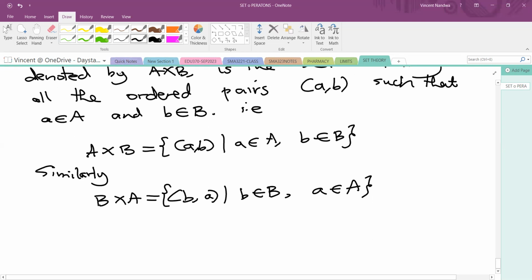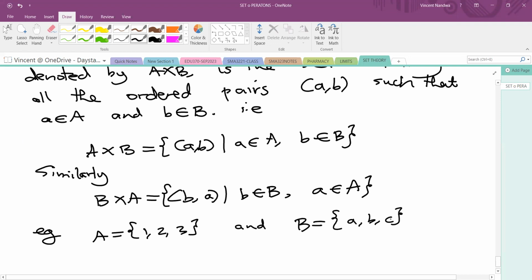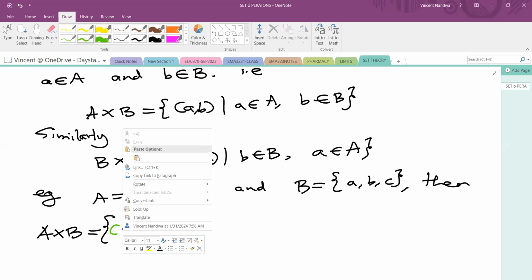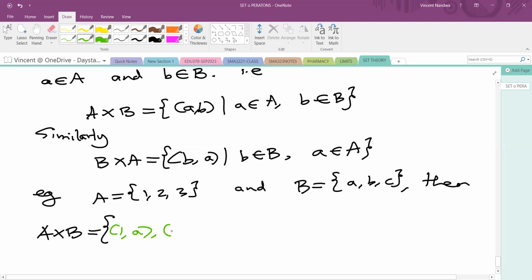So for example, given A is the set {1, 2, 3} and B is the set {a, b, c}, then A cross B will be the set: you will be writing pairs such that the first elements are from A and second elements are from set B. So we start with 1 paired with a, 1 paired with b, 1 paired with c.